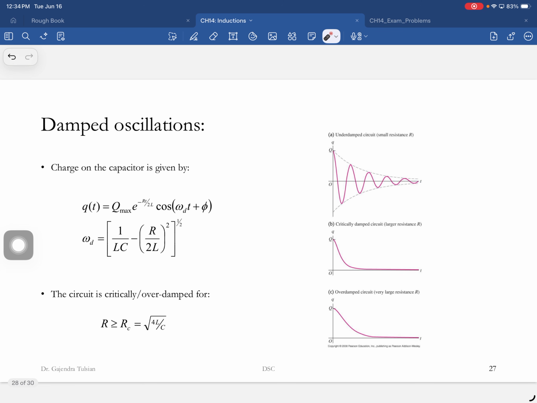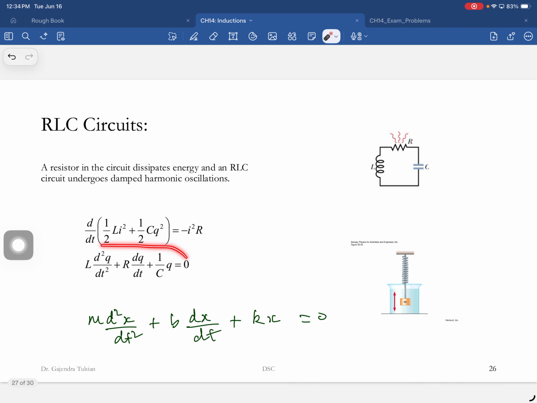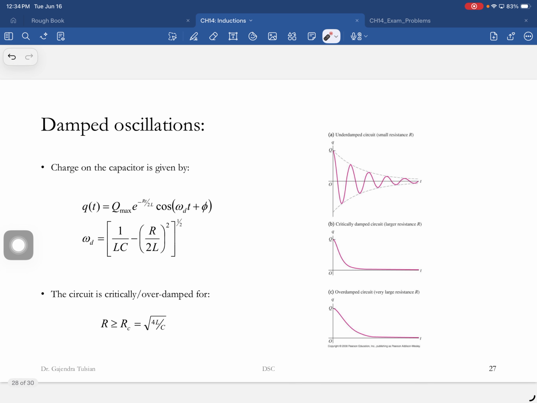All right, so you can solve this differential equation, and there's Q. You see the maximum charge in the capacitor is decreasing exponentially. And the altered frequency, the frequency of oscillation with damping present, is that. If the resistance is large enough that this is equal to 0, it won't even oscillate.